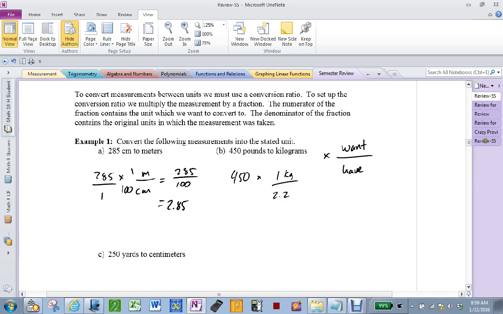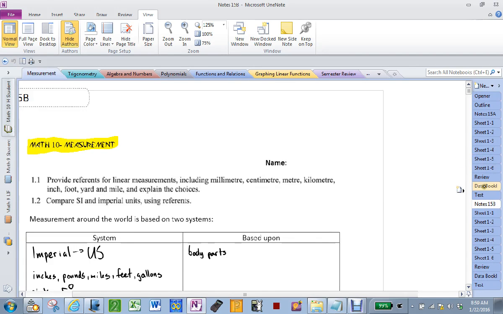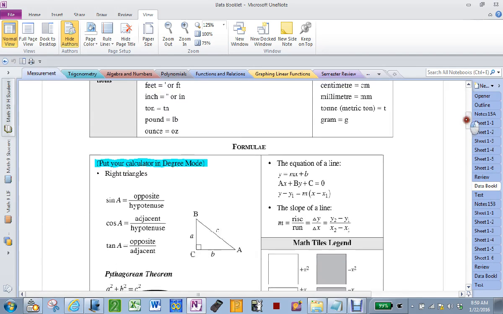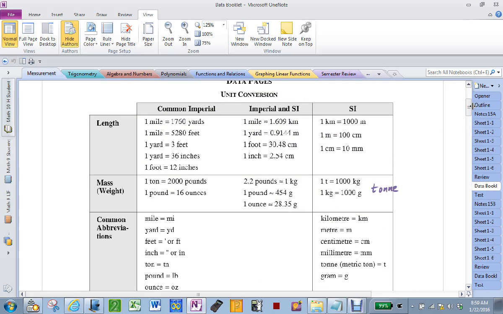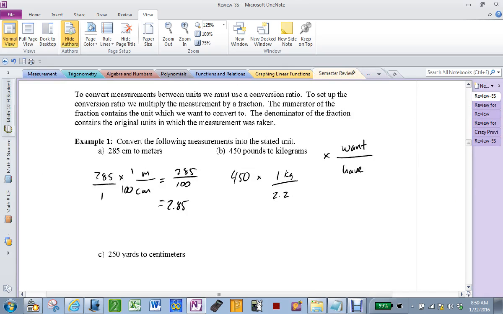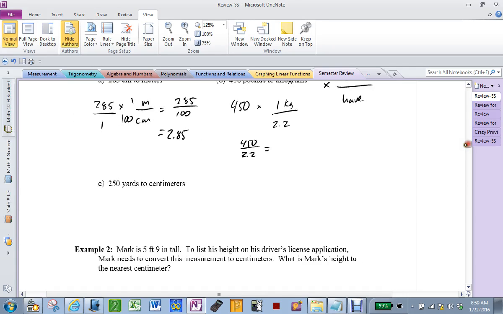Close. Let's just check. Go to your data booklet. There it is, in the middle. Okay, 1 kilo is 2.2 pounds. So that is 450 divided by 2.2. It's going to be around 225.